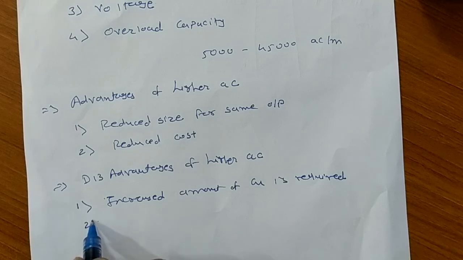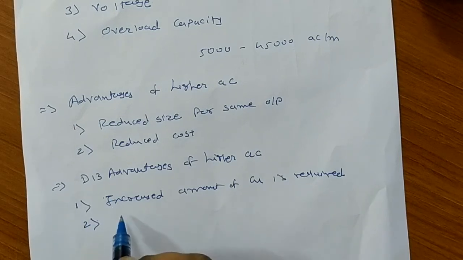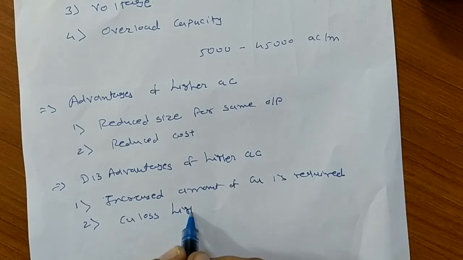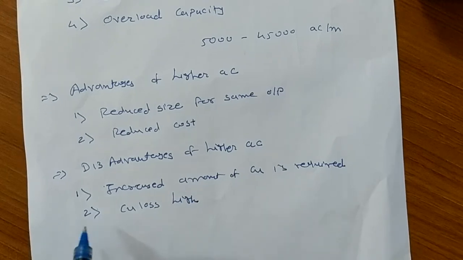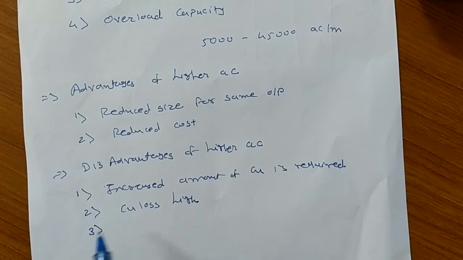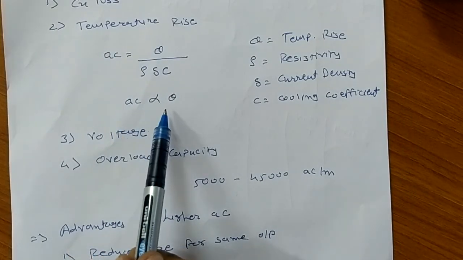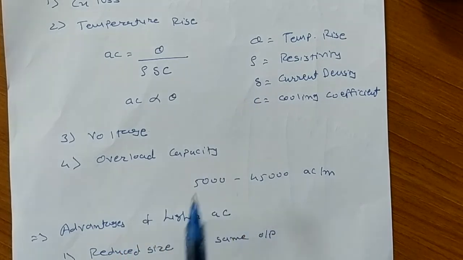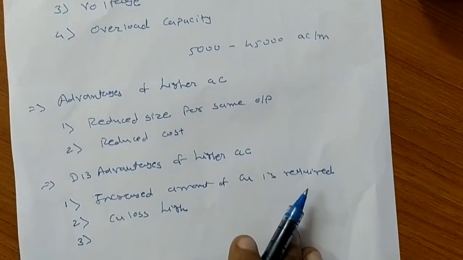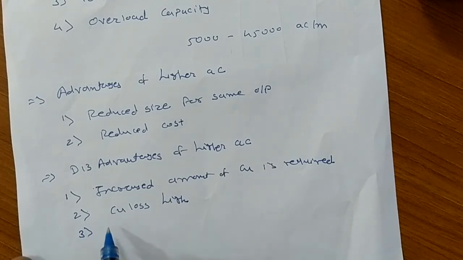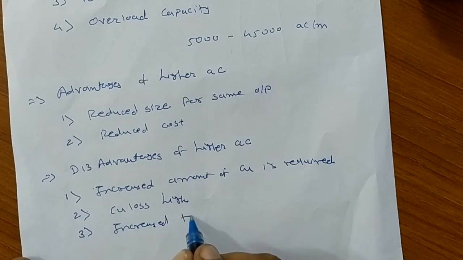Second is higher copper loss. Both first and second are directly related. If the amount of copper is higher, then copper loss will also be high. Third one is the temperature rise, that we have seen before. AC is directly proportional to theta, where theta is the temperature rise. So with a higher value of AC, you will have the disadvantage of increased temperature rise.